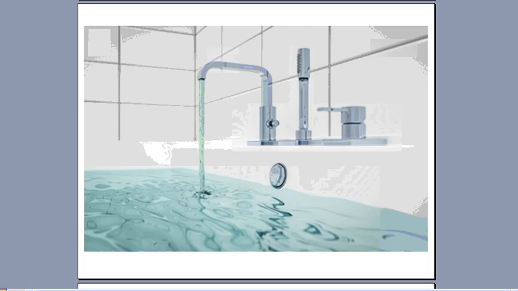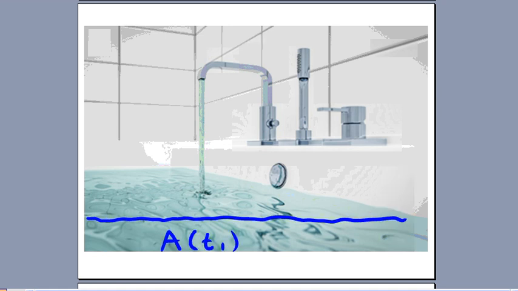Visually, I guess it would be like this. At the beginning of the day, there may have already been some water in the bathtub, right? There could have been some amount at time 1 at the beginning of the day. And then you might go and flow more water in for a little while, so you're going to add in a little layer of water.